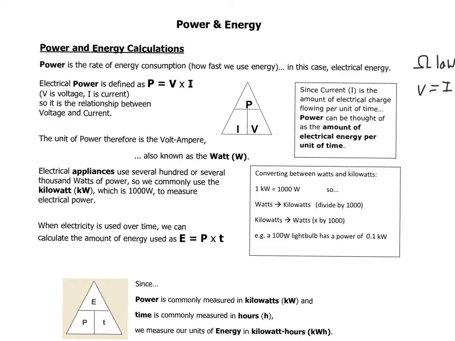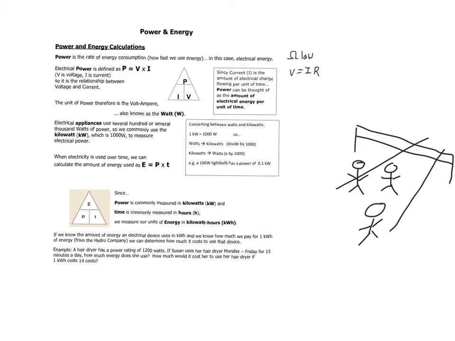So if we go back to our marathon analogy, we have lots of people running past a specific point in any given moment. And so our power is equivalent to the number of people running past that point at that specific moment. We have our little power triangle up here, so power is equal to current times voltage.